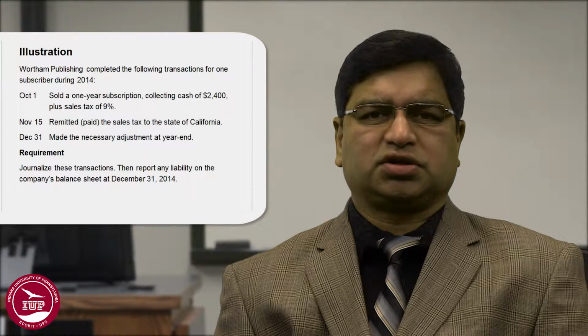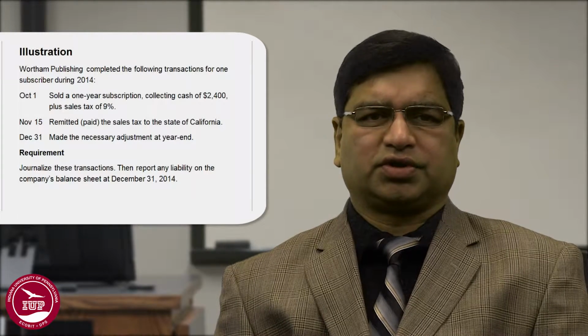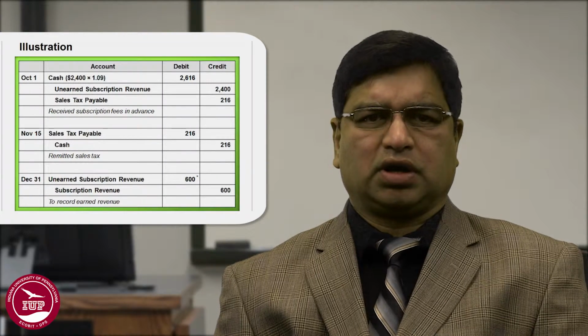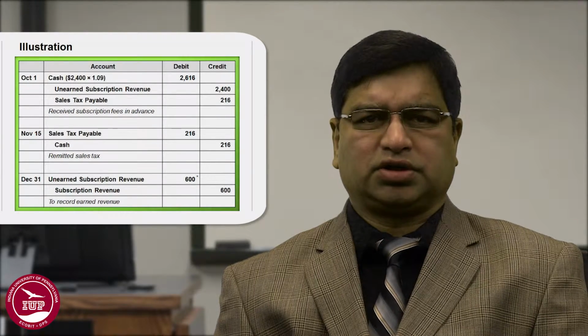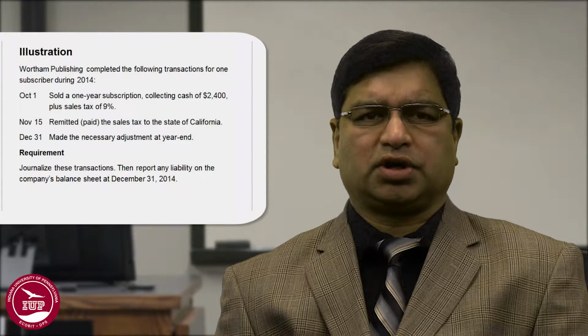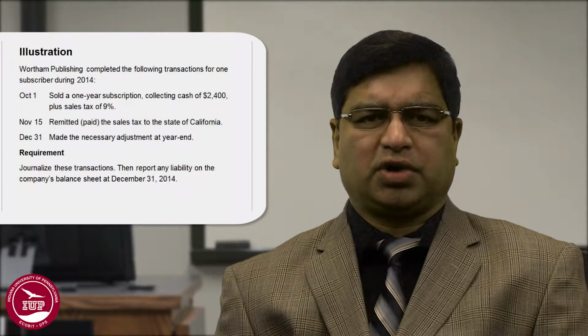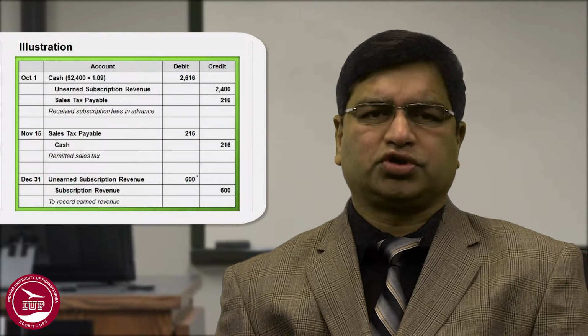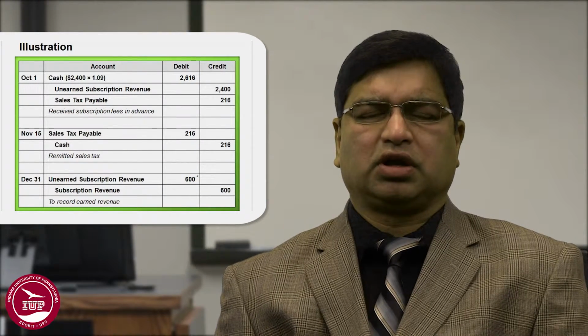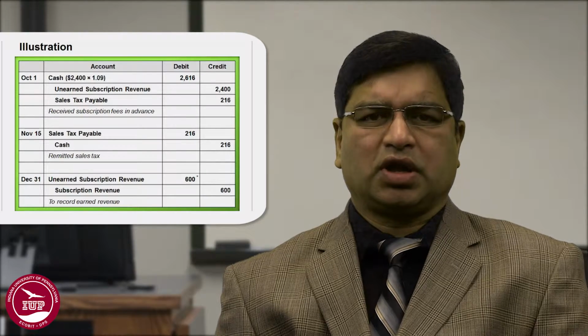To journalize the transaction for October 1st, you got the cash of 2,400 times the sales tax rate, which was 9% for California, so you have multiplied 2,400 by 1.09 to get a total of $2,616 in cash.